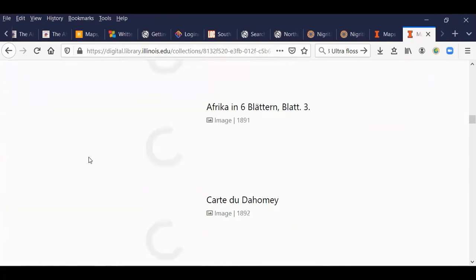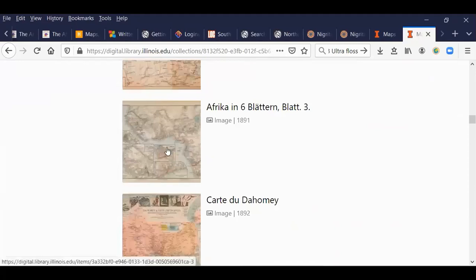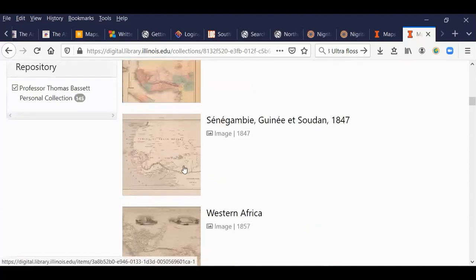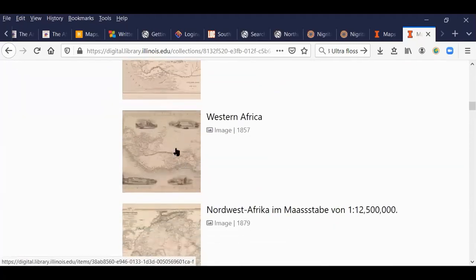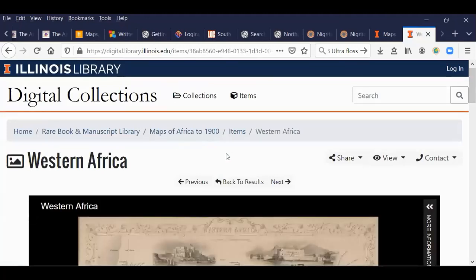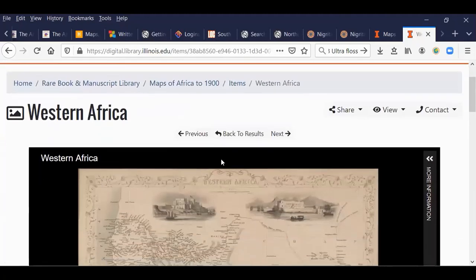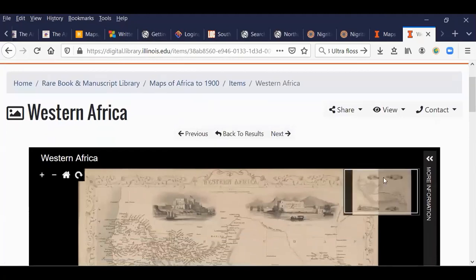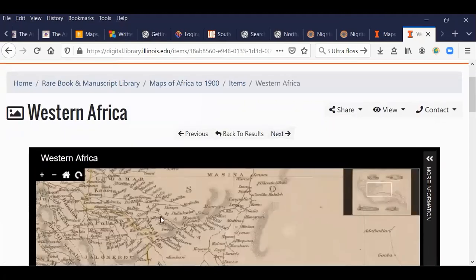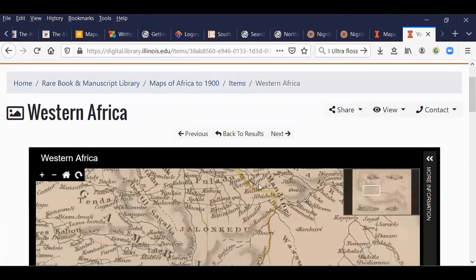If you click that itself, you can get a sense of which maps he has amassed over the years, including beauties like this 1857 one, which has within it some fantastically realistic, seemingly realistic representations, but at the same time, the kind of fantasies that we talked about earlier in reference to particular parts of West Africa.